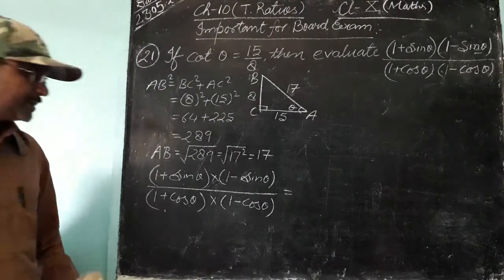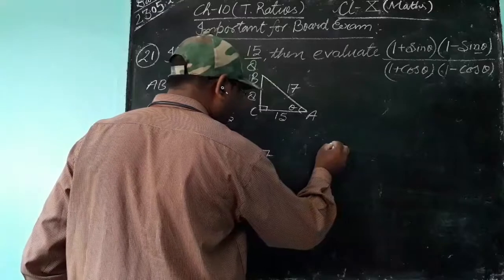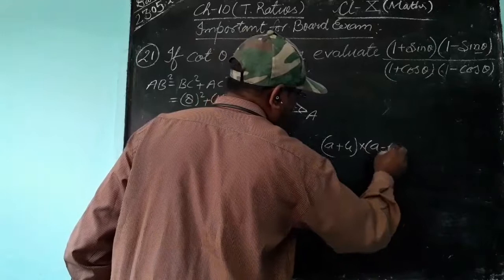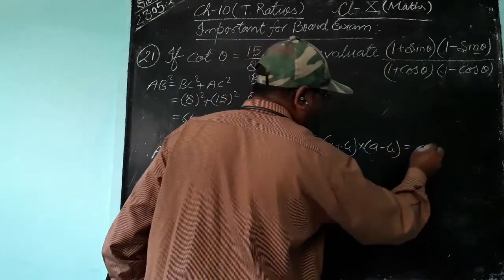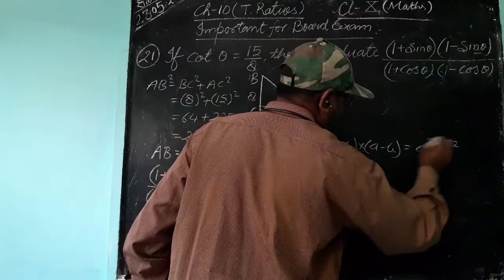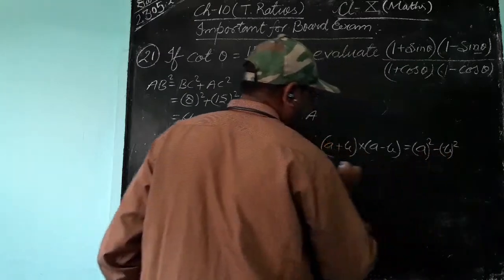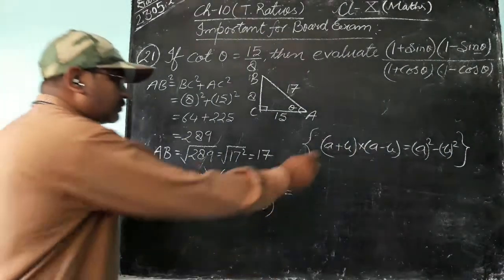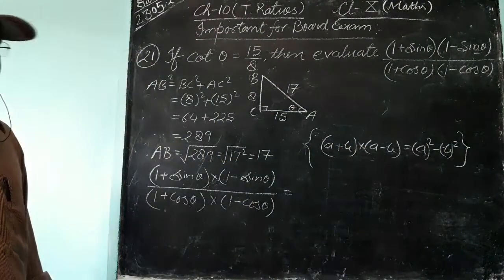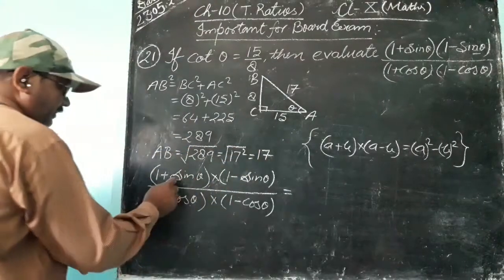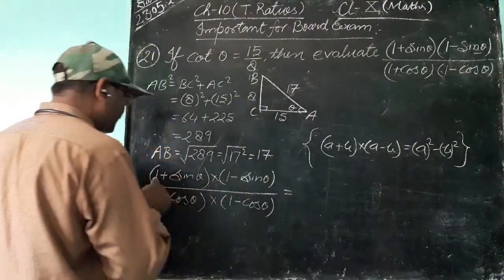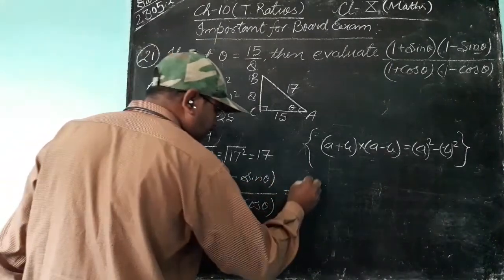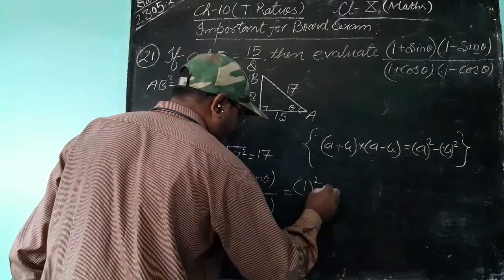You have studied the identity (A plus B) into (A minus B) is equal to A square minus B square. Clear students? That identity you know well. According to that identity, you will write it as (A plus B) into (A minus B). So there will be 1 square minus B square.